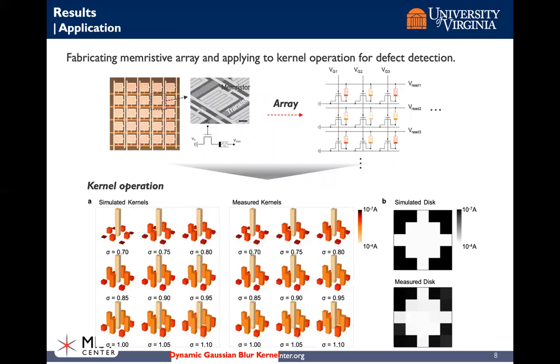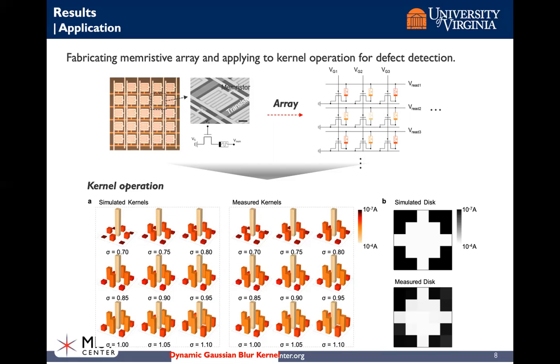Then, using the fabricated one-transistor and one-memristor array, we apply the Gaussian kernel operation. As you can see from the figures below, we have set the targeted 9 kernels with different sigma values from 0.7 to 1.1 to achieve 9 different images from the single input image.